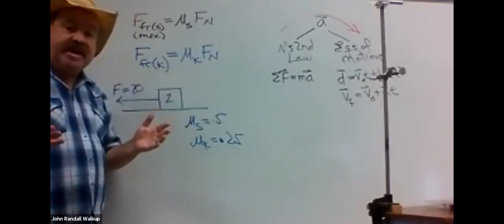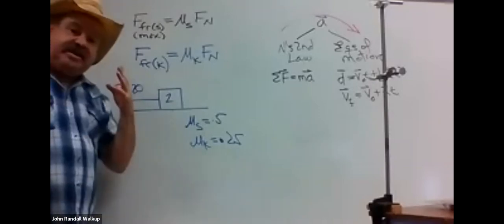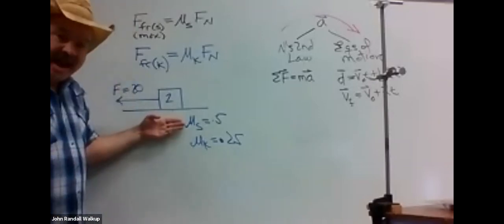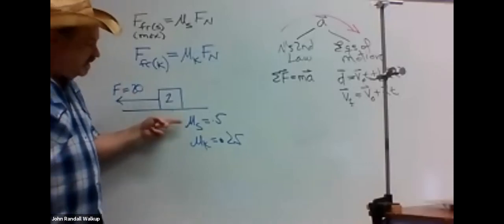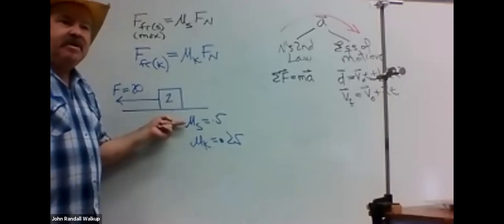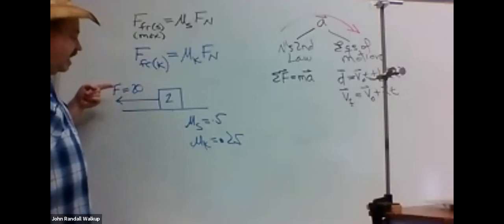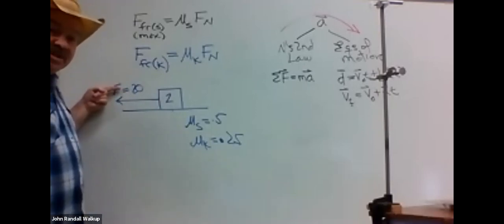The first thing you have to ask is, does it accelerate at all? To find out, you apply the static case. You use this to find out what is the maximum amount of friction that this surface can provide, and then see if this overcomes it.